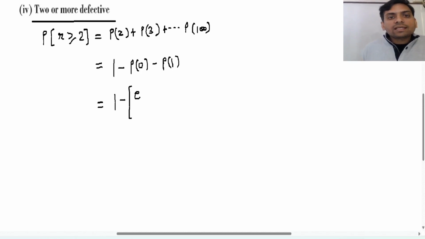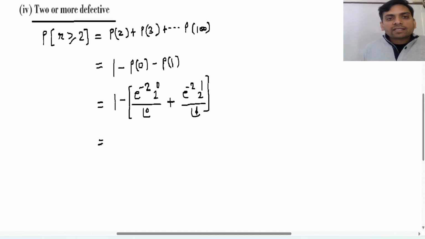Clear? So this is e raised to the power minus 2, and 2 is what? M is what? 2. 2 raised to the power 0 in this case, and this divided by factorial 0. And now we will write plus because minus is taken as common. So now you will write this as e raised to the power minus 2 and 2 raised to the power 1, and this divided by factorial 1.